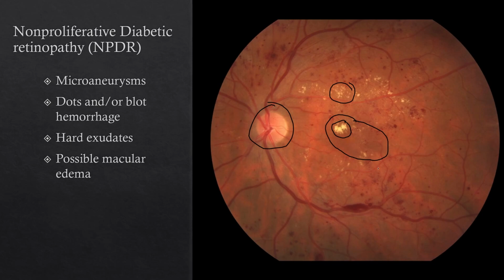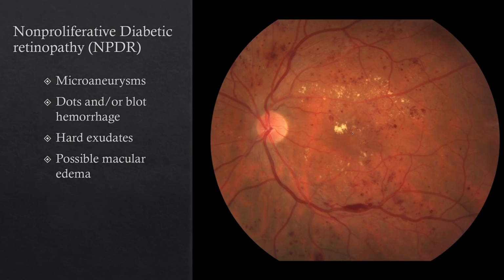He will start complaining of, for example, blurring of vision because of these spots. Maybe even some small hemorrhages flow inside of the vitreous, which is in front of the retina. So he will see some floaters, maybe some small dark spots. So keep that in mind. Finally, we have the macular edema.